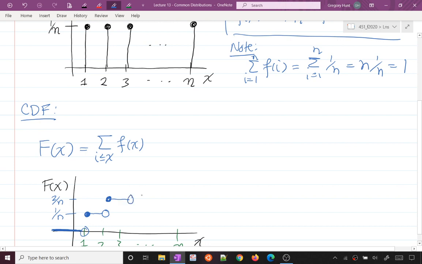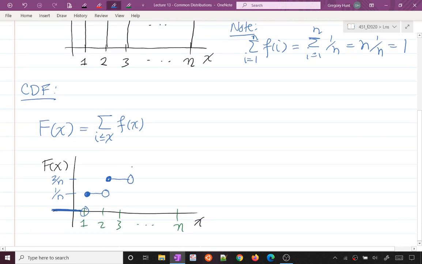And this will be flat again up to 3, and then we make another jump up to 3 over n, etc., all the way until eventually when I get up to n, I will jump to 1, and it will be 1 henceforth, right?